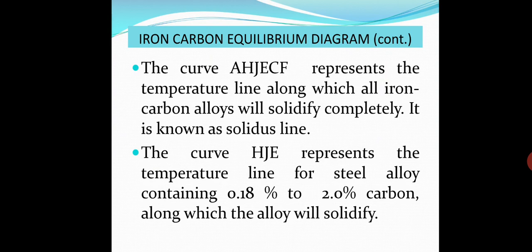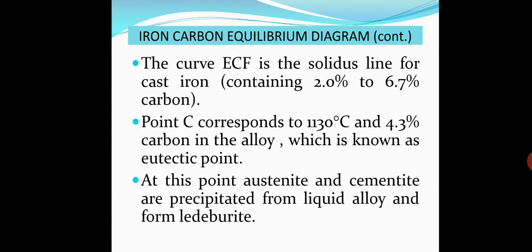The curve HJE represents the temperature line for steel alloy containing 0.18% to 2% carbon, along which the alloy will solidify. And the curve ECF represents the solidus line for cast iron.